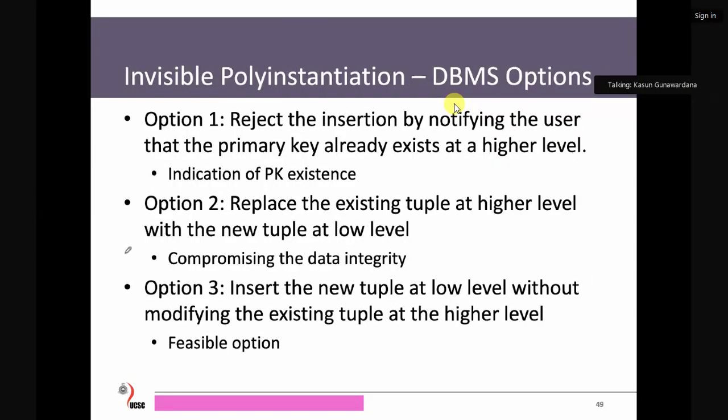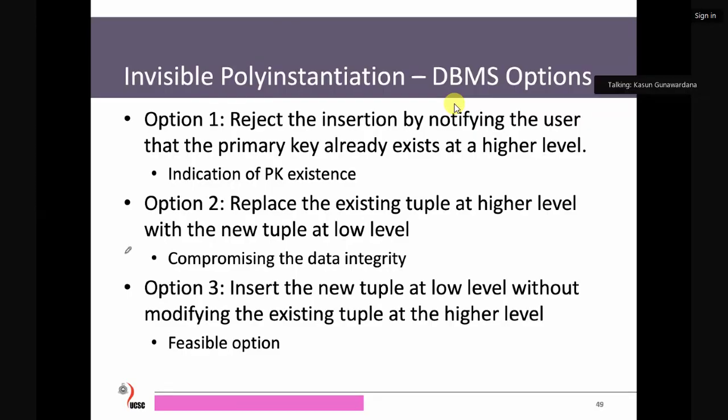So in invisible polyinstantiation, a lower level user is attempting to insert data, however, there exists the same apparent key at a higher level. In that case, one option is to reject the insertion.